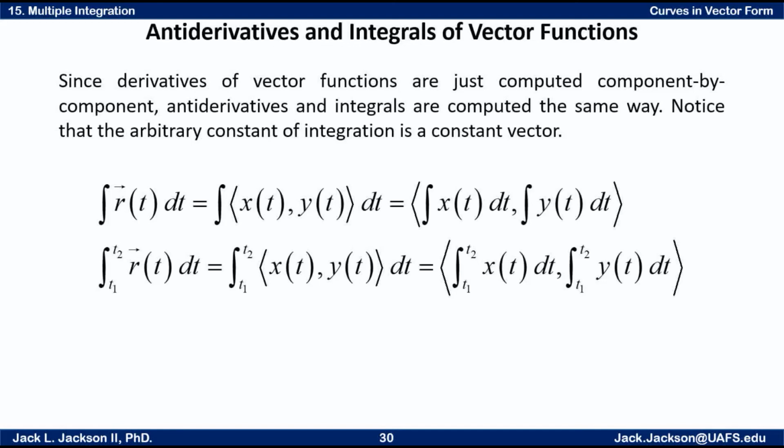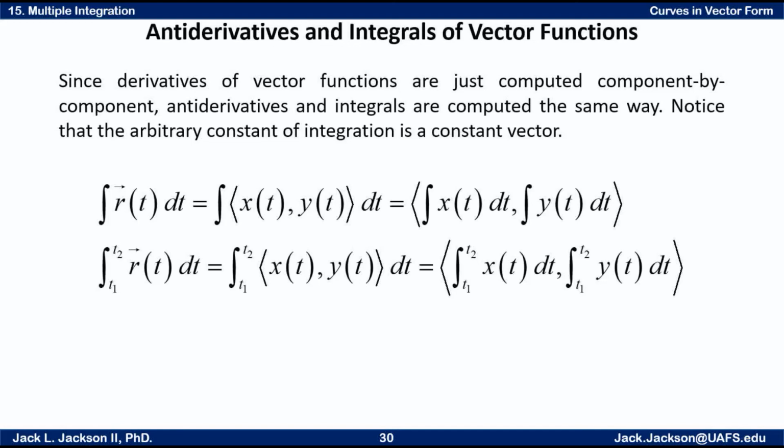And so we get the integral of r of t dt. You want to do a definite integral from some time 1 to time 2, t1 to t2. And so that's going to be the integral from t1 to t2 of x of t, y of t dt. And this, of course, is one vector, where each component is a definite integral itself.